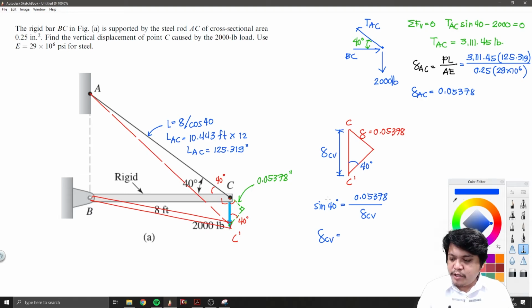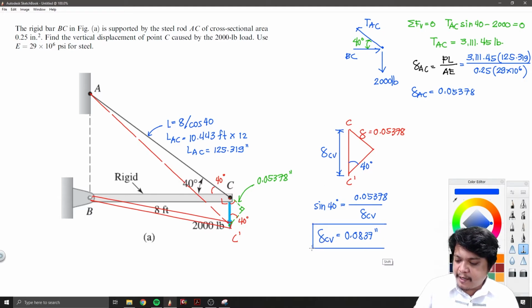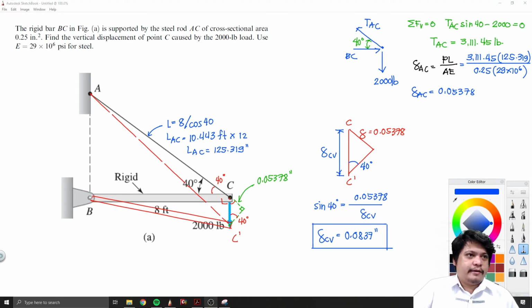So, that's 0.05378 divided by sine of 40. Or it's around 0.0837 inches. This is now the vertical deflection of point C on the figure. Okay, so that's it.